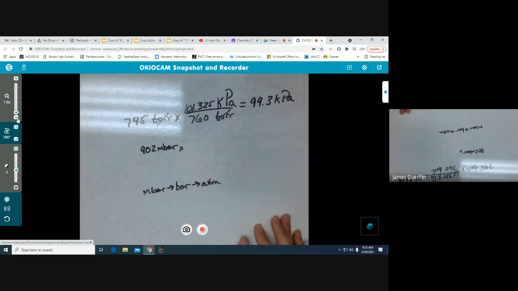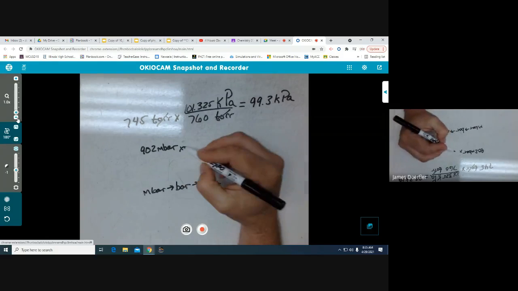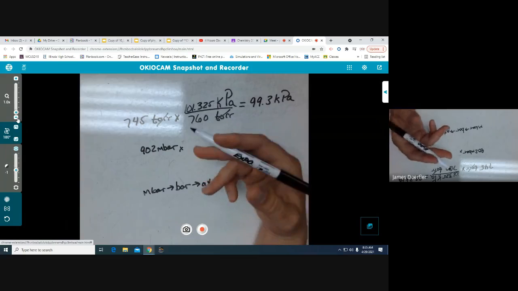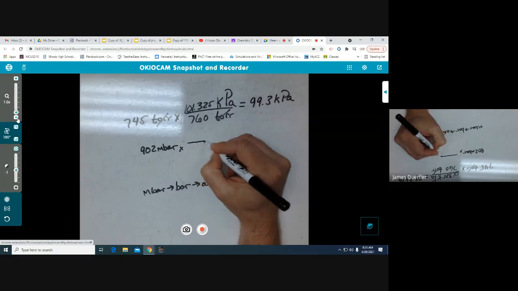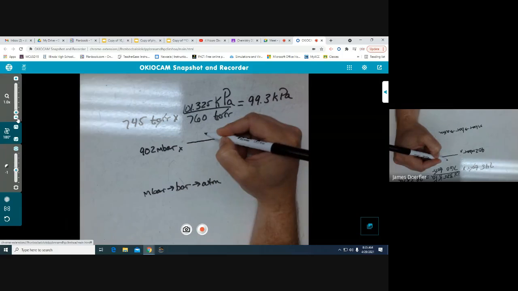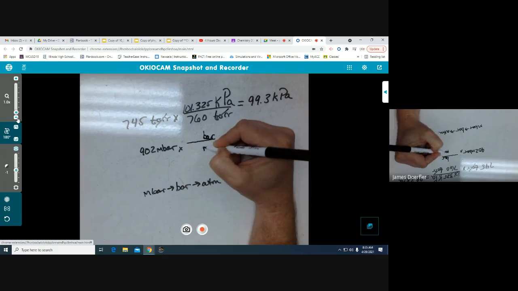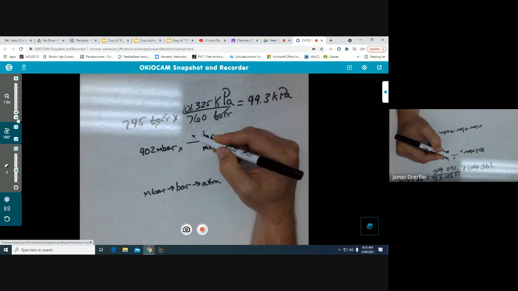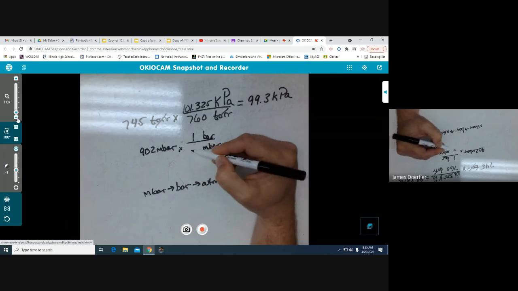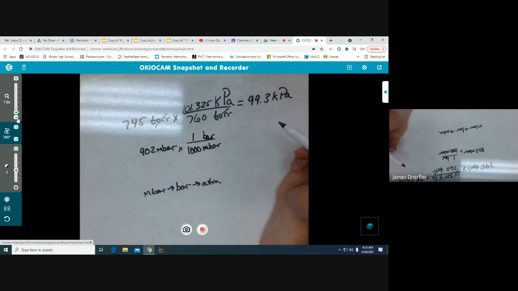They tell us the conversion between millibar and bar. Since we need to go from millibar to bar, what unit's going to be on top? Bar. That means millibar goes on bottom, and then we use the conversion factor that they give us. 1 bar is equal to 1,000 millibars.